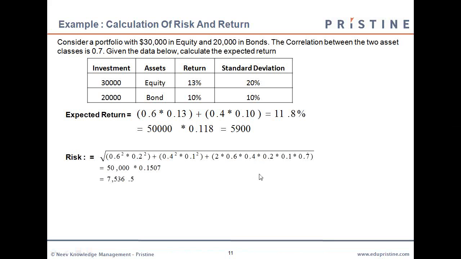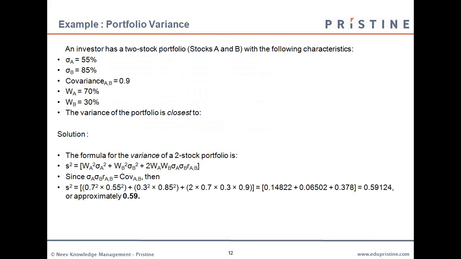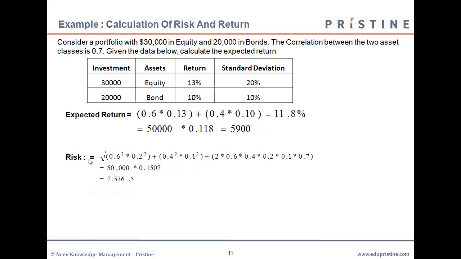Okay. So I hope you got it, Aditya. We are using this formula to calculate the standard deviation, that is the risk of the portfolio. And even if we put the correlation as 1, the risk and the expected return of the portfolio will be two different values. It won't be the same. Okay.